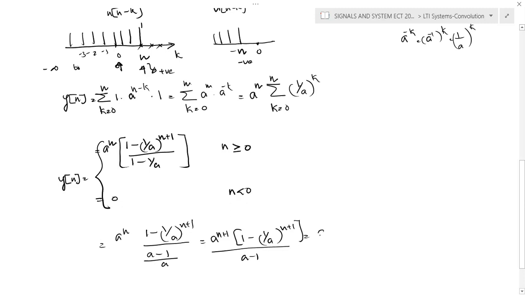And if you multiply, it becomes a raised to n plus 1 minus a raised to n plus 1 divided by a raised to n plus 1 divided by a minus 1.